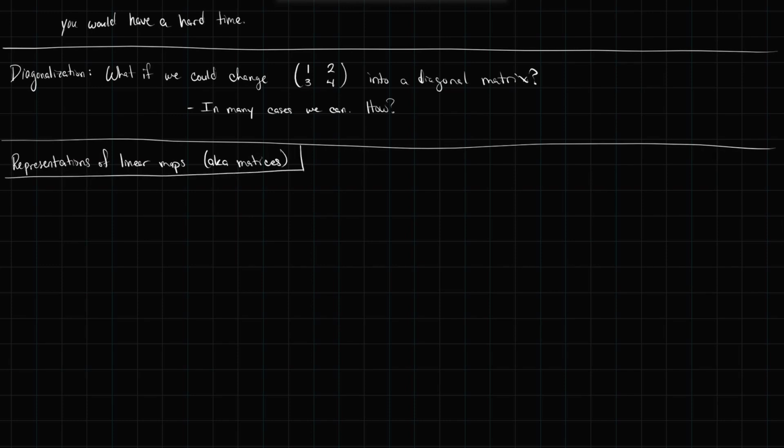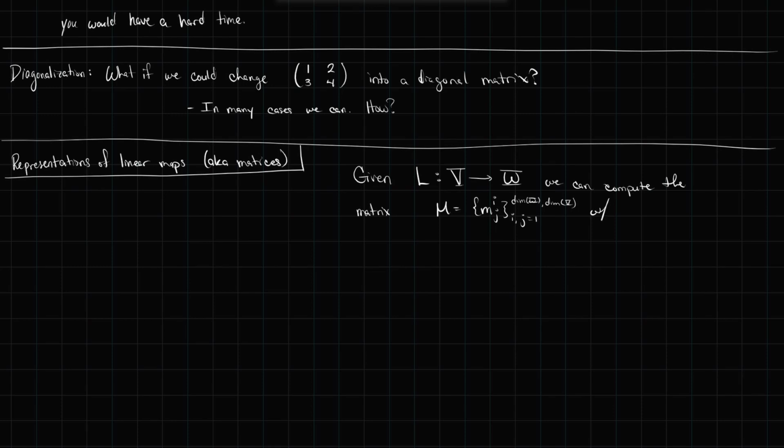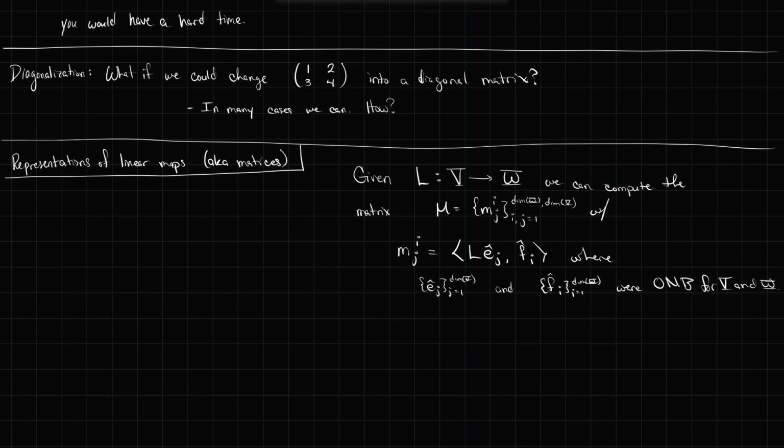We had this notion that given a linear map L from a vector space V to another vector space W, we can compute the matrix capital M, which has a row and column entry, where i and j start at 1 and end at the dimension of W and the dimension of V, respectively, with M_ij defined as the inner product of L applied to e_j hat, and then against f_i hat, where e_j hat, j going from 1 to the dimension of V, and f_i hat, i going from 1 to the dimension of W, were orthonormal bases for V and W, respectively.